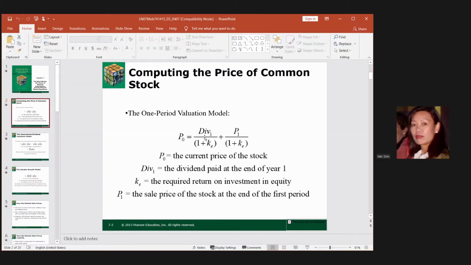Then you can discount GE's dividend and the sale of the stock back to get a present value. And that's the one period stock price, you can estimate it. You can see the simple model. I already said you're assuming so many things: assuming the price you can sell at P1, what's the price? You're assuming you know KE, and then you can get this one period stock price.